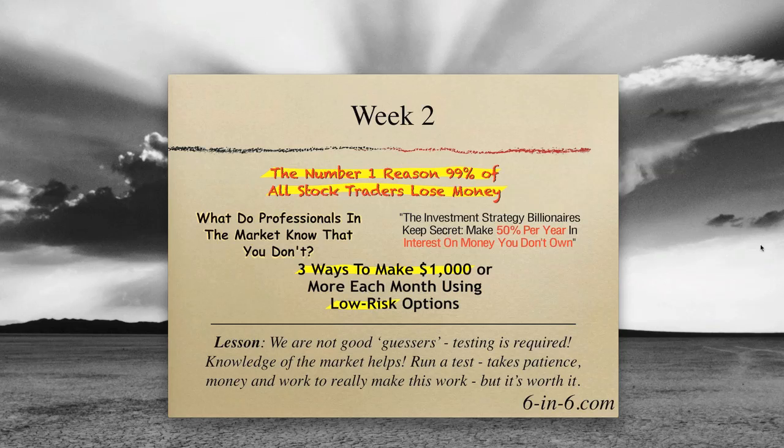The headline that won, which is on the left side, was: what do professionals in the market know that you don't? I thought it was the weaker of all 4 of the headlines because it didn't have any specifics in it. It didn't have any numbers in it.